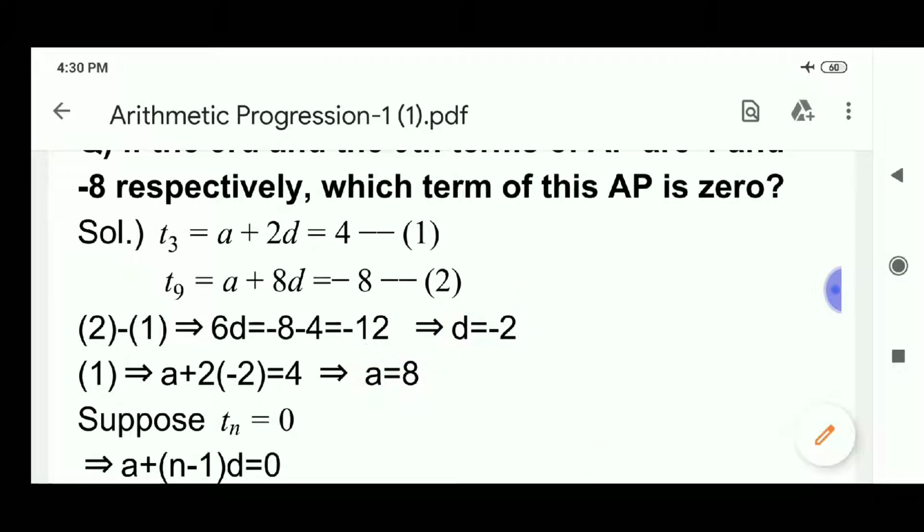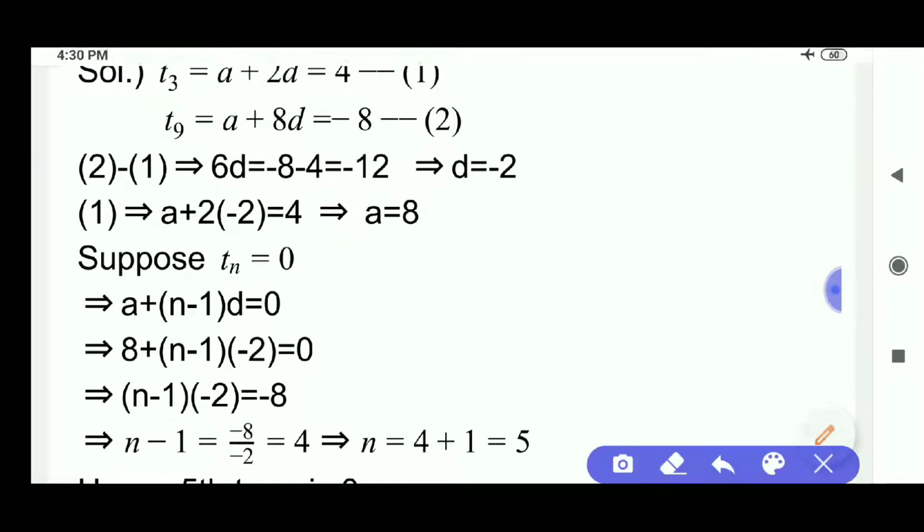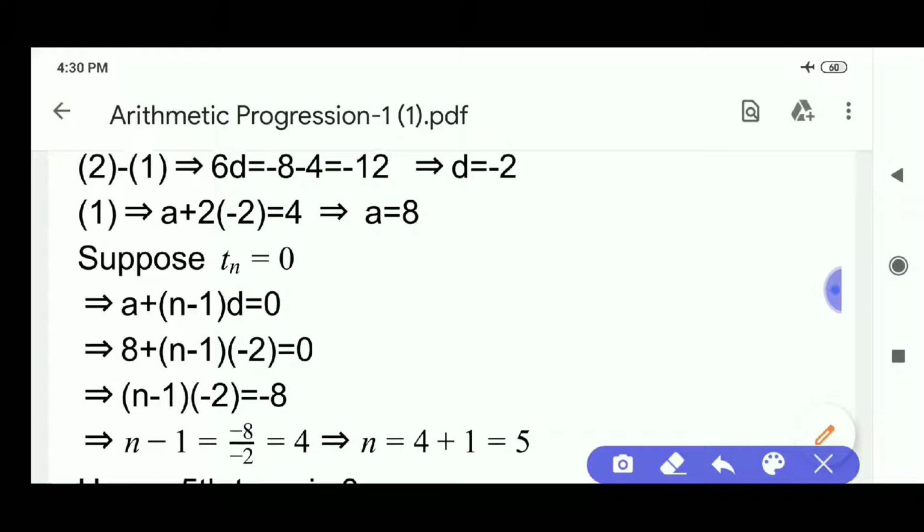So we can find the nth term. Suppose the nth term is 0. That is, a plus n minus 1 into d is 0. a is 8 and d is minus 2.